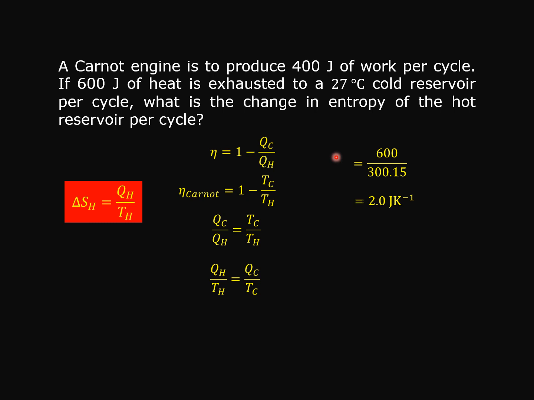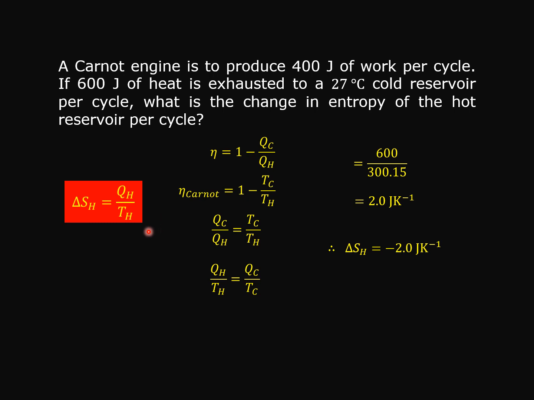For QC, it is 600 joule, and for TC, it is 27 degrees C. In Kelvin, it is 300.15 Kelvin. And then we get the answer, 2.0 joule per Kelvin. This is the entropy change for the cold reservoir and also the same as the entropy change for the hot reservoir. In magnitude, they are the same.